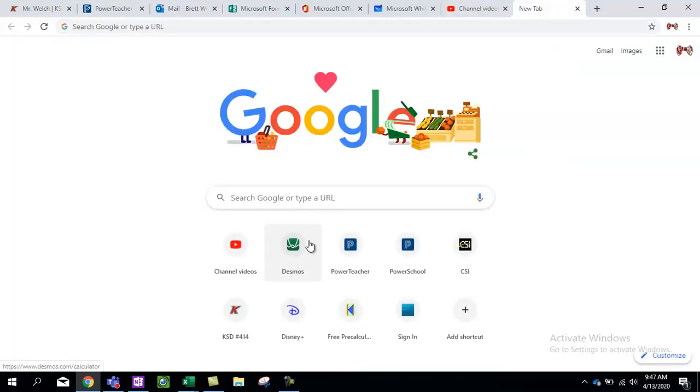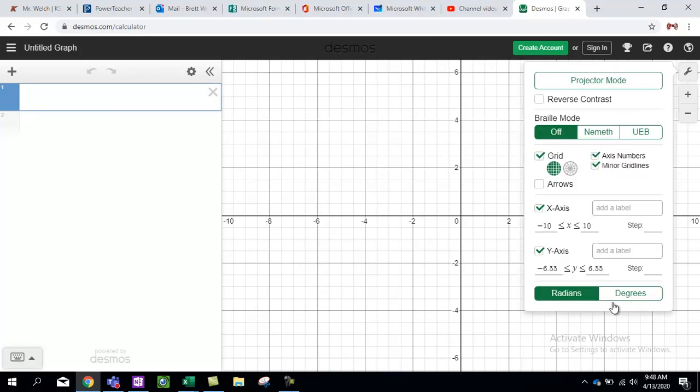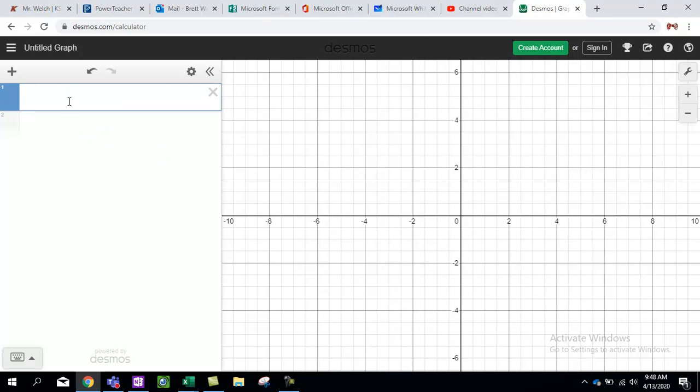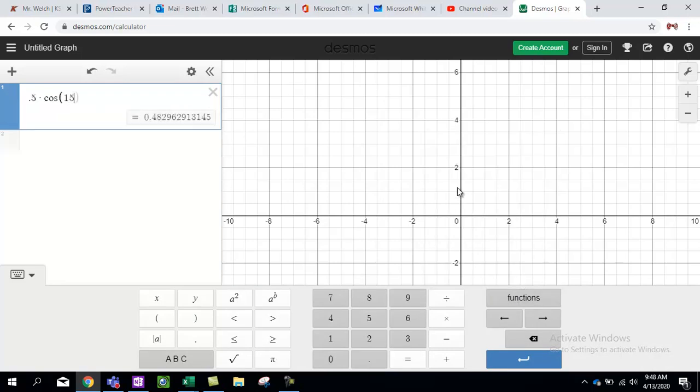If we multiply all those things together, let's grab Desmos here real quick. First, we need to make sure that our mode is in degrees, which always switches back. But we want 0.5 times, we'll grab the function cosine of 15, close our parentheses, and then we want to put a parentheses right there and square.